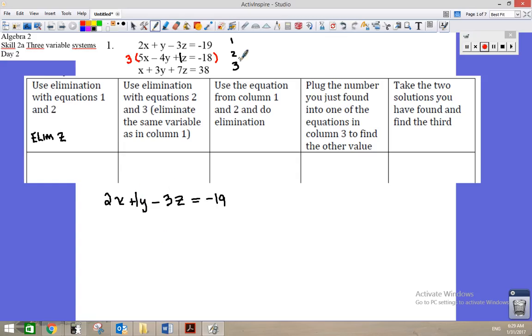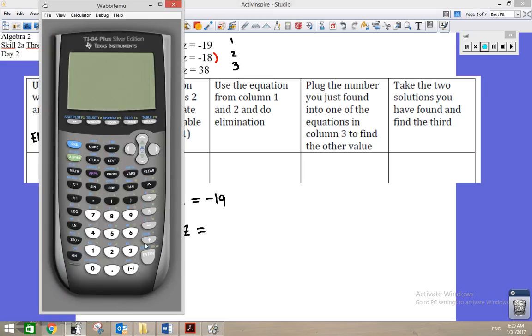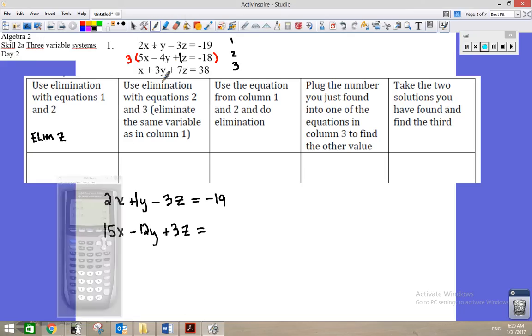In equation 2, I'm going to multiply everything by 3. So I'm going to have 15x minus 12y plus 3z. And so I don't make a silly arithmetic error, 3 times the negative 18 is negative 54.